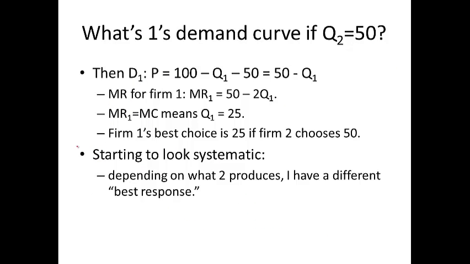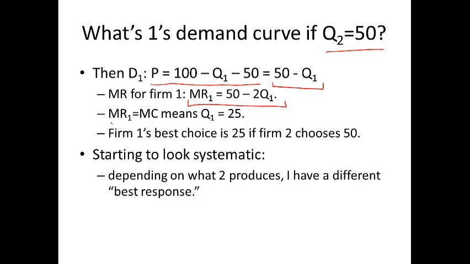But now let's consider another possibility. Let's find firm 1's demand curve if Q2 were equal to 50. So if firm 2 were producing 50, then how do we solve this problem for firm 1? Well, now firm 1's demand is P equals 100 minus Q1 minus 50, or just P equals 50 minus Q1. The marginal revenue for firm 1 just bisects that demand curve, so marginal revenue equals 50 minus 2Q1.